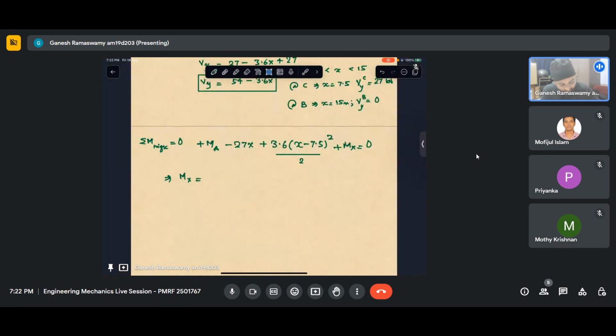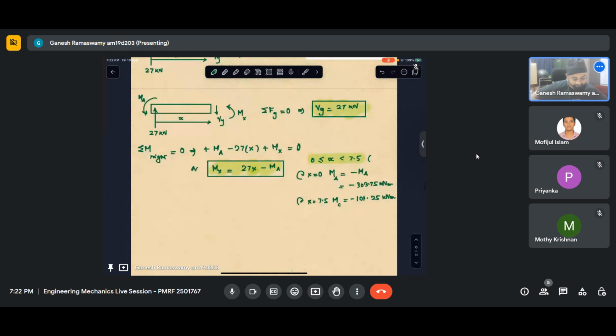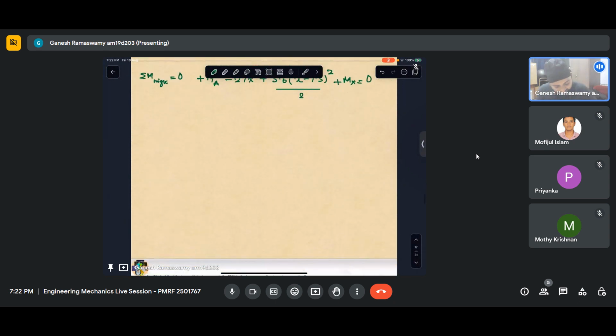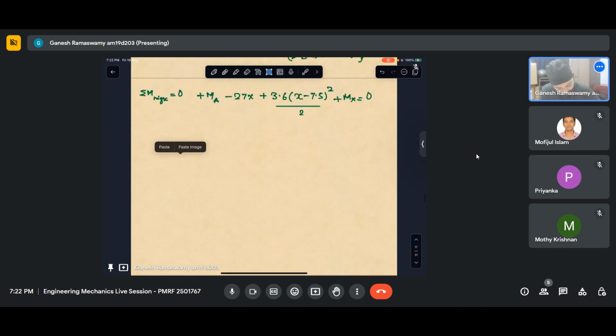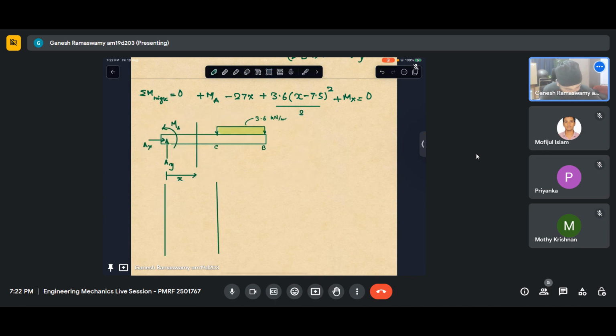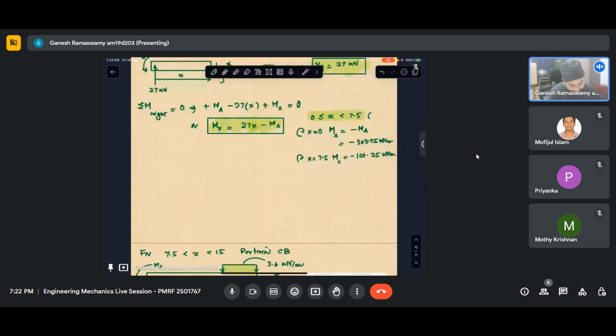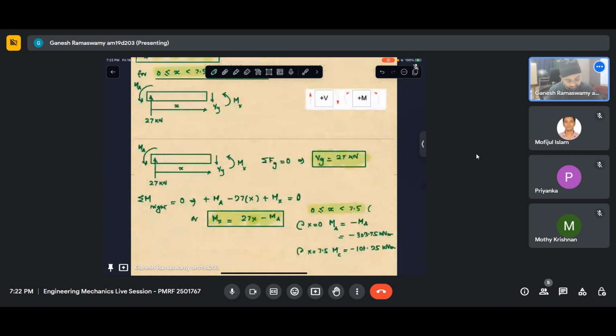Let us solve it by inference then. So in such a case, for this beam, I have got these 3 points and my variation with x. At x equal to 0, I calculated my shear force as 27.